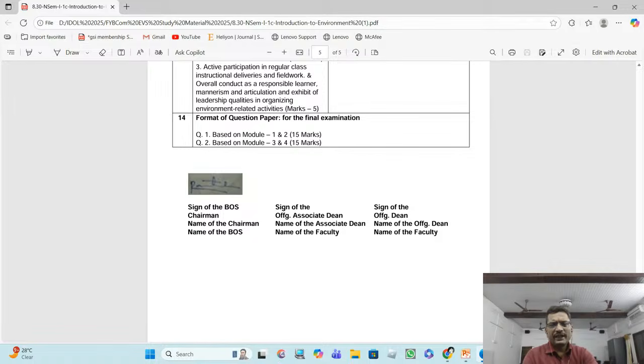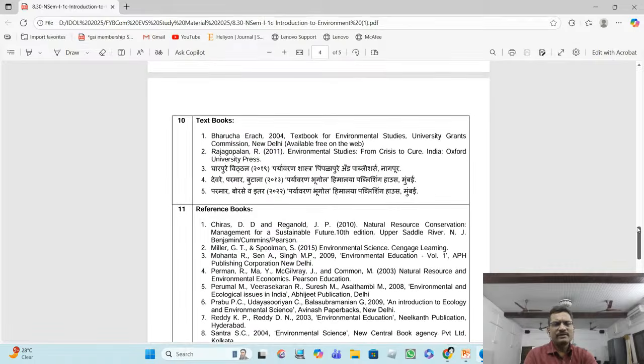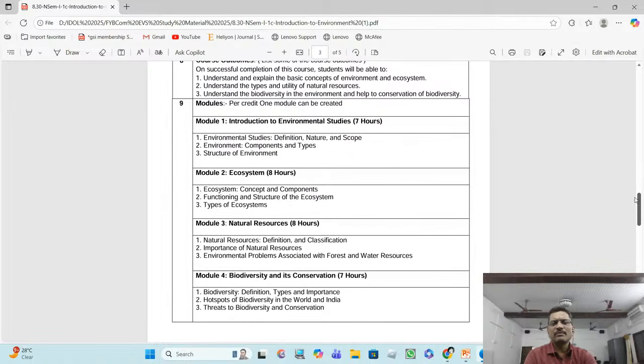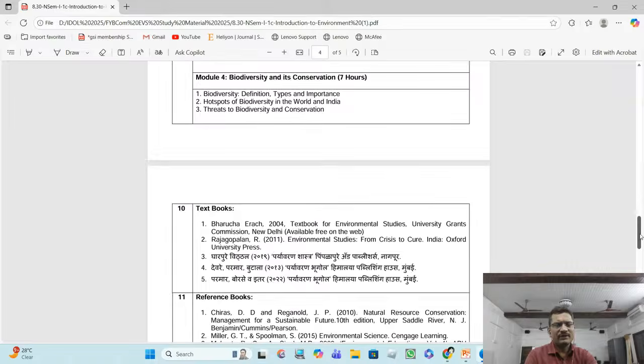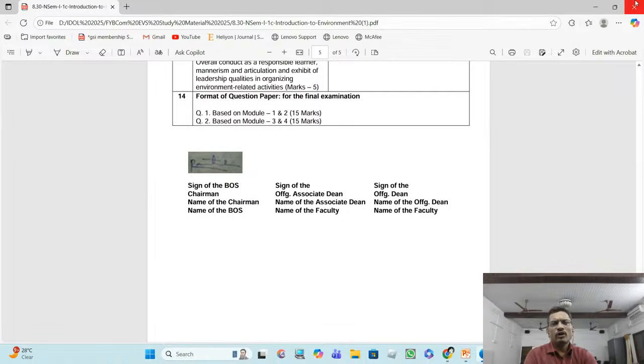So the weightage to each module will be 7.5 marks. 7.5 for the first module and 7.5 for the second, so 15 marks are covered here. Again, 7.5 for the third module and 7.5 for the fourth, 15 marks. So 15 plus 15 is the 30 marks weightage. This is the overview of the syllabus.